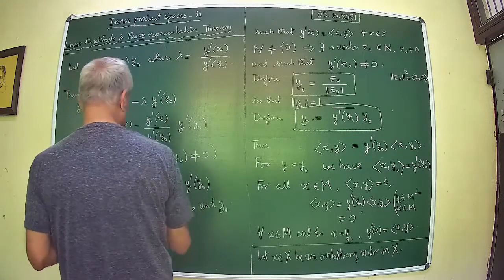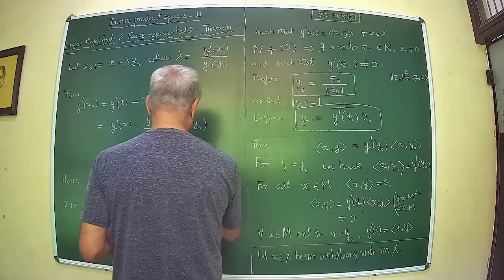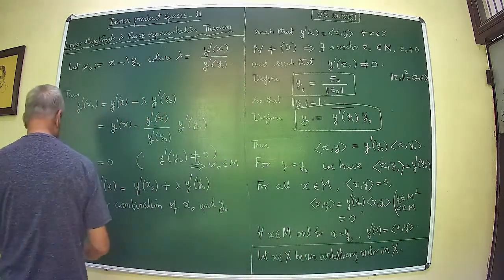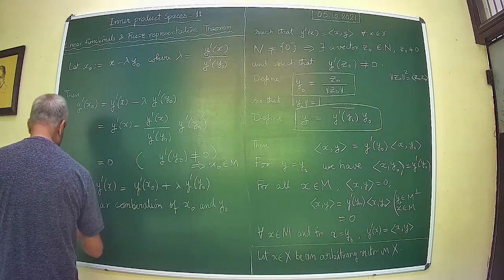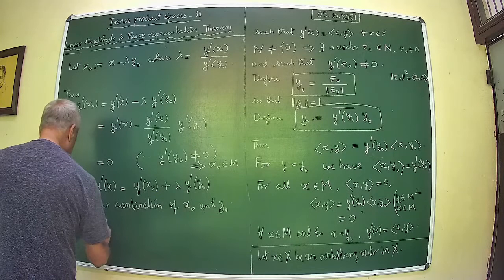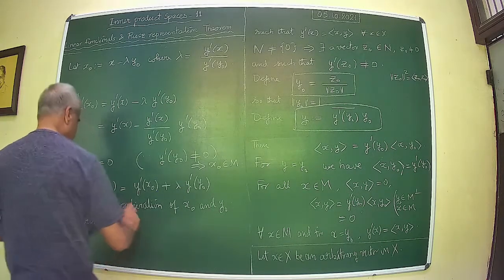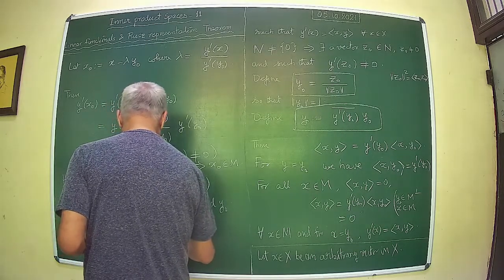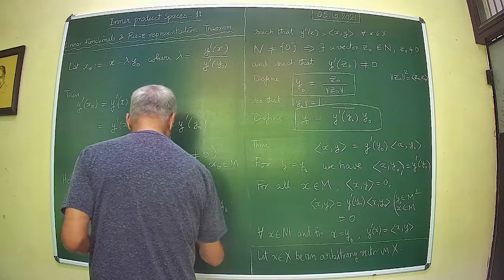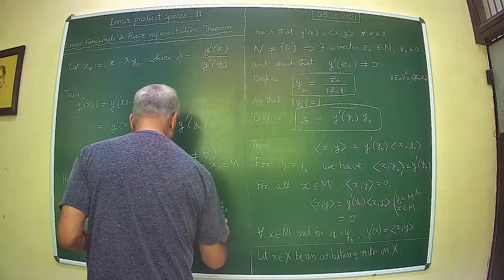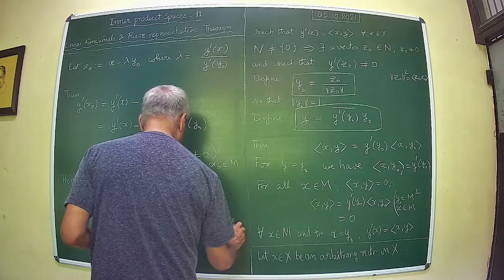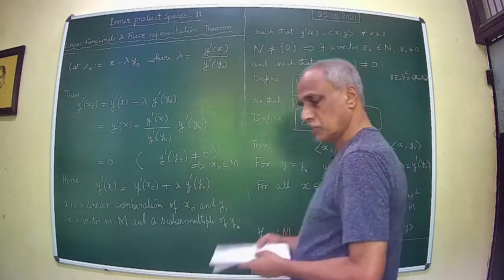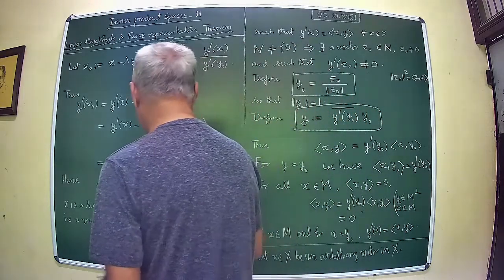This says that this is a vector in, and a scalar multiple of, so each x can be split in this form.